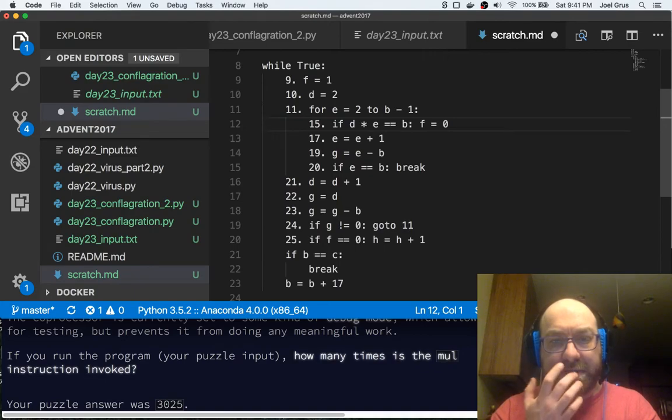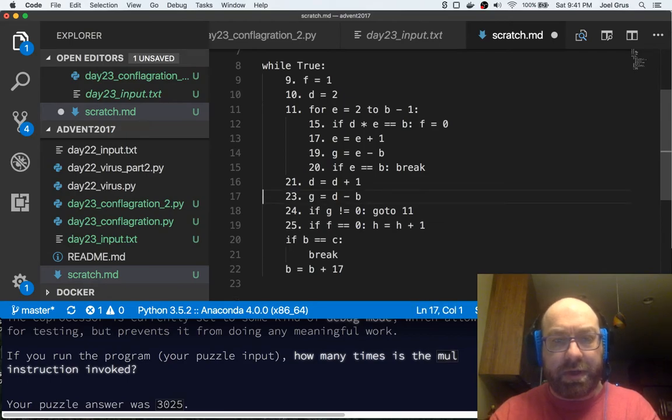I can do that. If E equals B, break, D equals D plus 1, G equals D, G equals G minus B, so that's just G equals D minus B. If G is not equal to 0, go to 11. So that's again saying if D equals B, break.